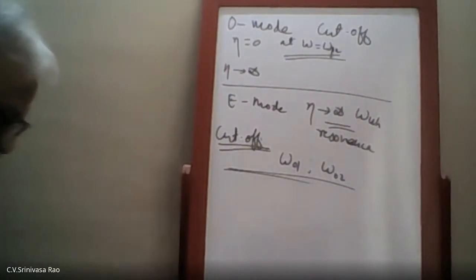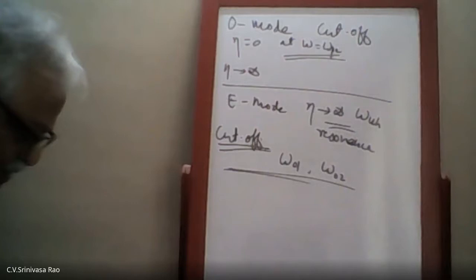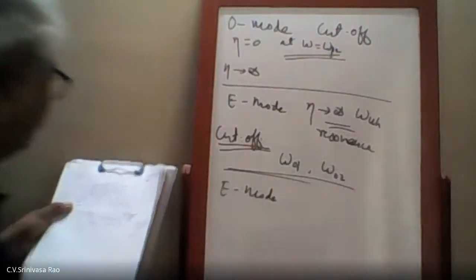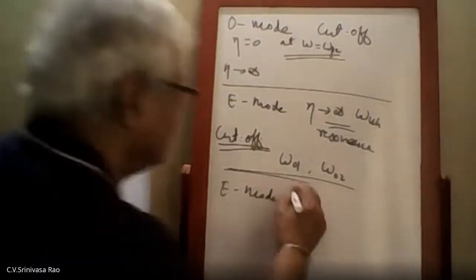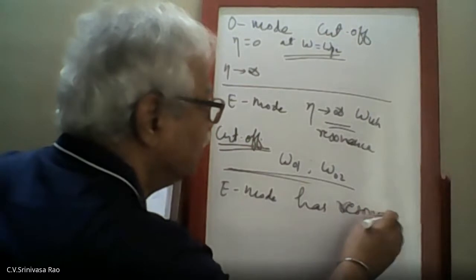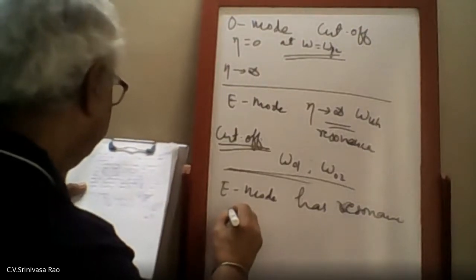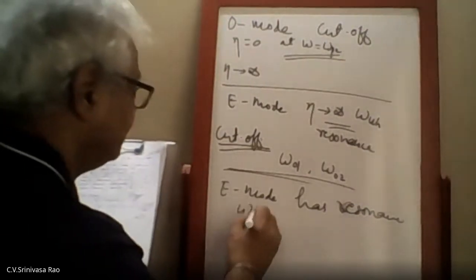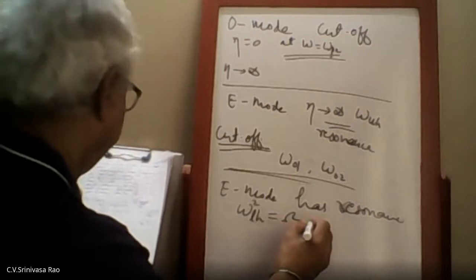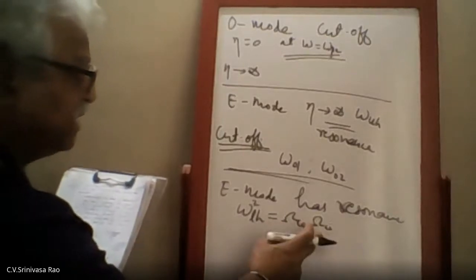If you put in the equations for motion of the ions, you will see that the extraordinary mode, E mode, has a resonance at frequencies between the electron cyclotron frequency and the ion cyclotron frequency.